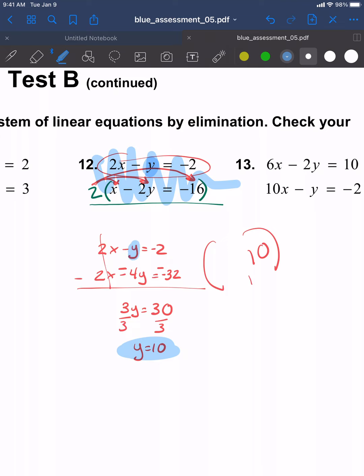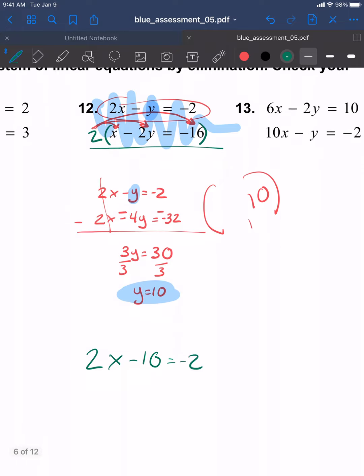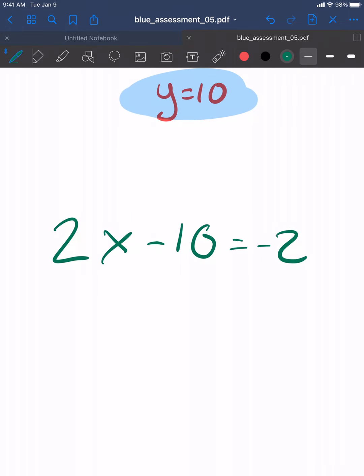I totally would have done it. Yeah, once you have created something brand new with multiplication, you have to plug it back into your new equations, okay? Okay, so now let's do it. It's going to be 2x minus 10 equals negative 2. How do I solve for x? So you have to subtract 10.